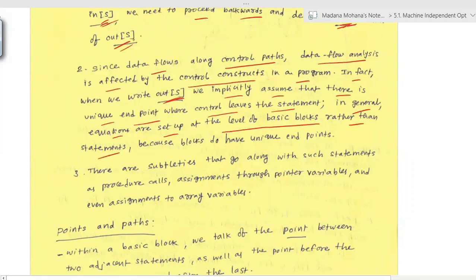Initially, for general purpose, we called it out of S, the statement. Now, instead of the statement level, we compute at the level of basic blocks. From now on, we will use the block name in place of statement, because blocks do have unique endpoints.